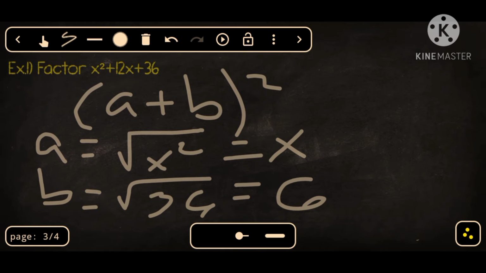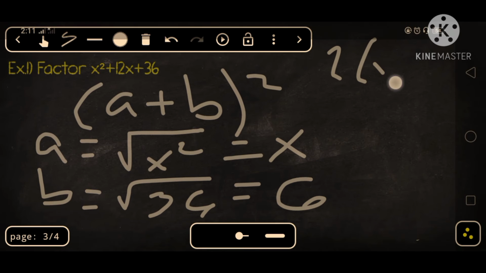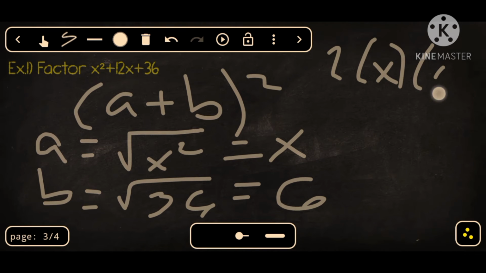So we have 2 times x times 6, that is equal to 12x. Okay, so it satisfies the condition, so therefore we can use the square of binomial, or a plus b squared.